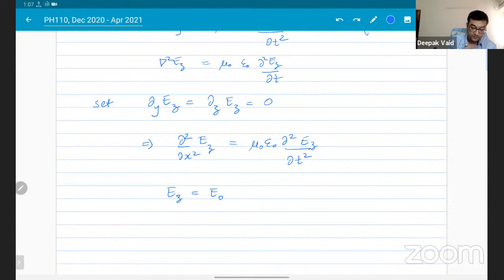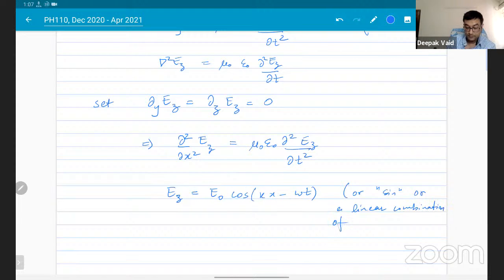So I'll write cosine of kx minus omega t, or sine, or a linear combination of sine plus cosine. So Ez is equal to E naught cosine of this.